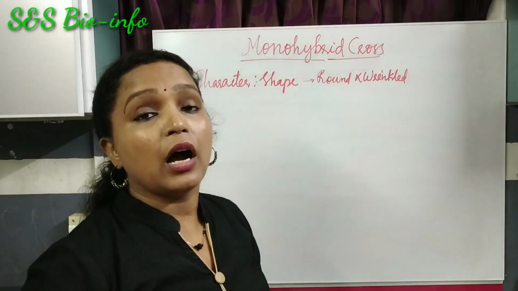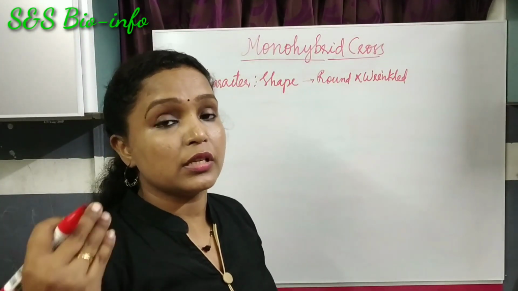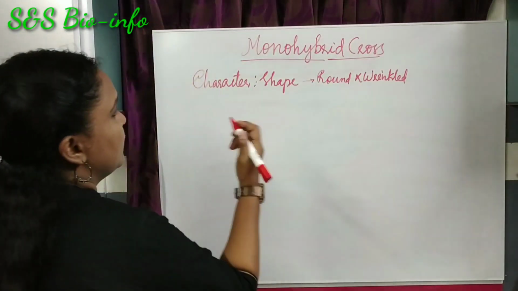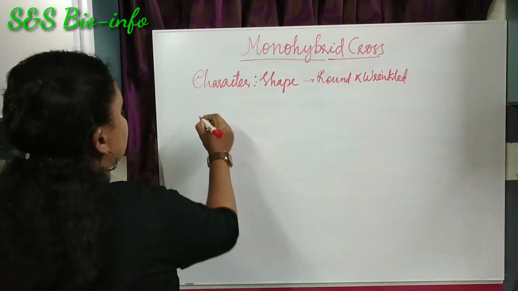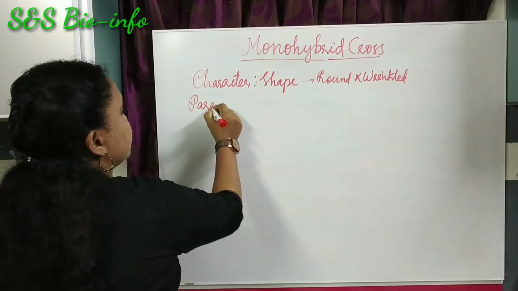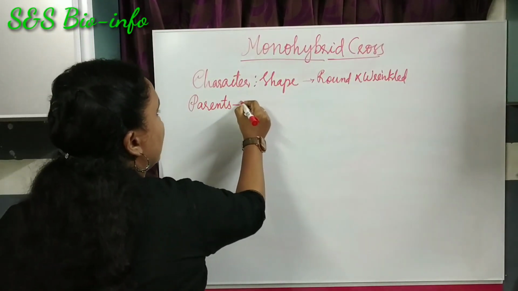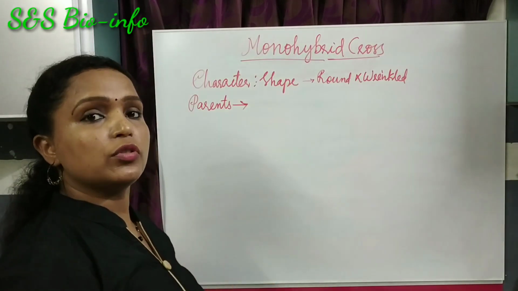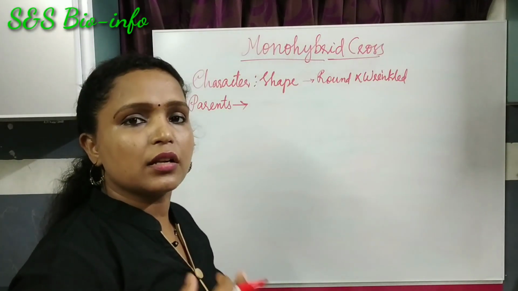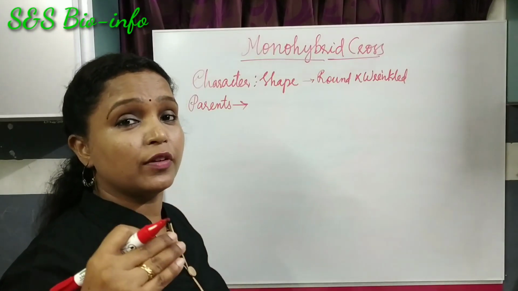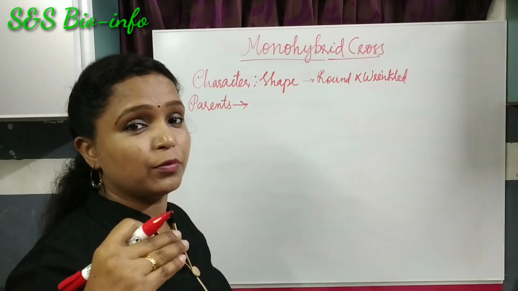Now let's study how monohybrid cross is done by Gregor Mendel. First of all, we need to write the parental generation. Parents are homozygous round and homozygous wrinkled. Homozygous round means it consists of the same type of allele.